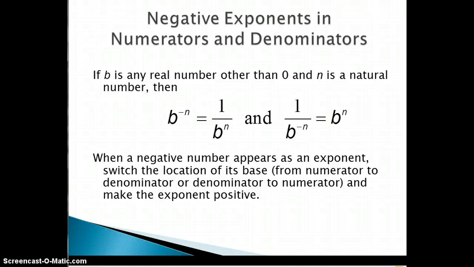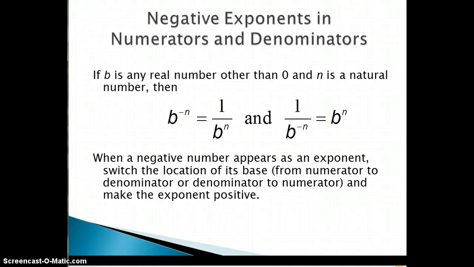So here's that rule that we saw already, the negative exponent rule. B to the negative n equals 1 over b to the n. But this also applies to a base originally being in the denominator. So if we have 1 over b to the negative n, for example, the negative on the exponent, remember, tells you that you can change the location of the base and then change the exponent to positive.